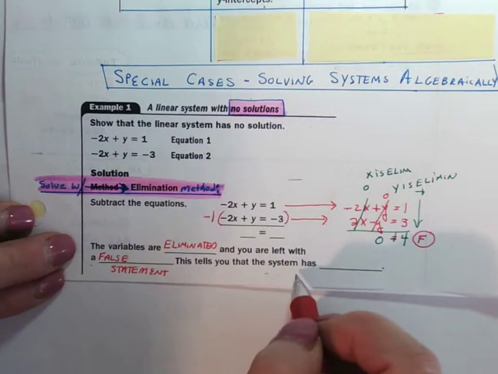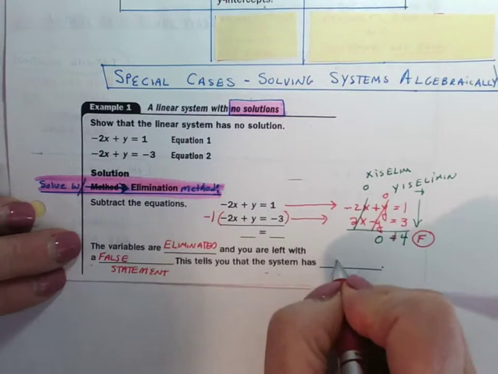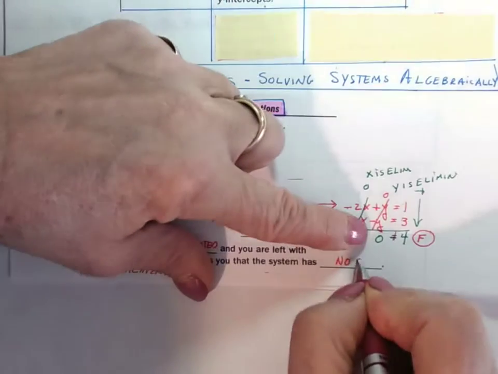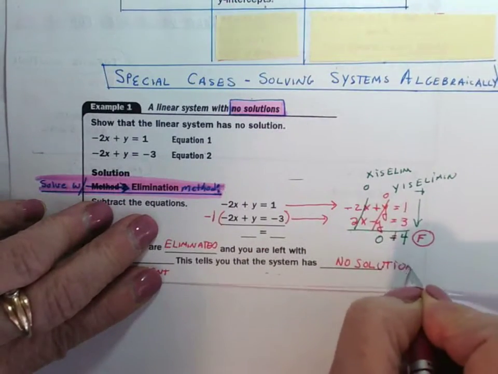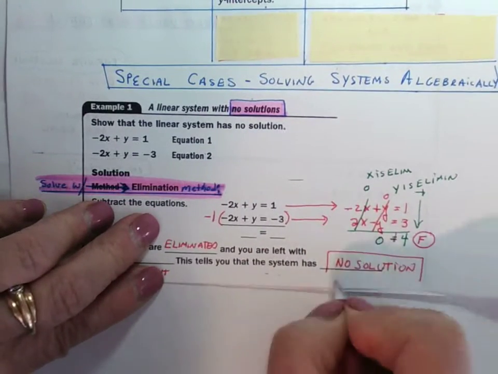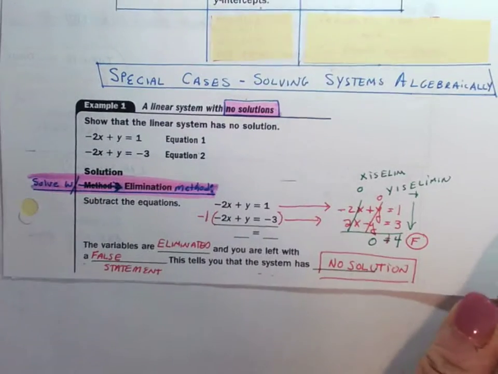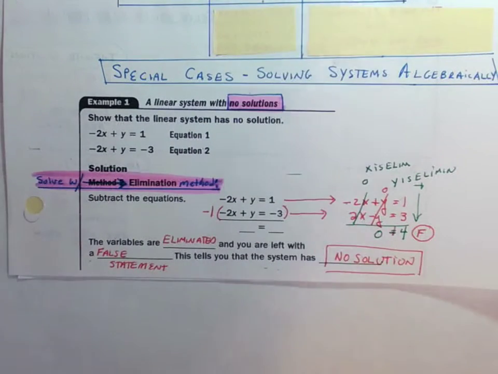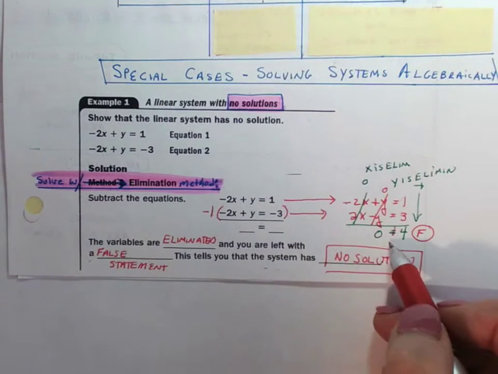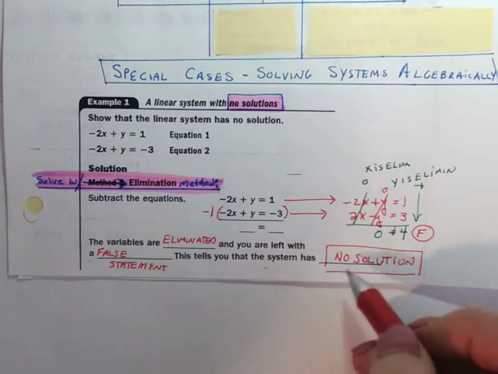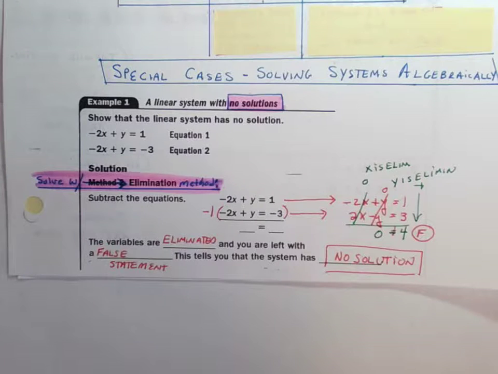This tells you the system has no solution. So the variables have dropped out. The numbers, which we call constants, are not equal. Therefore, this is an example of no solution.